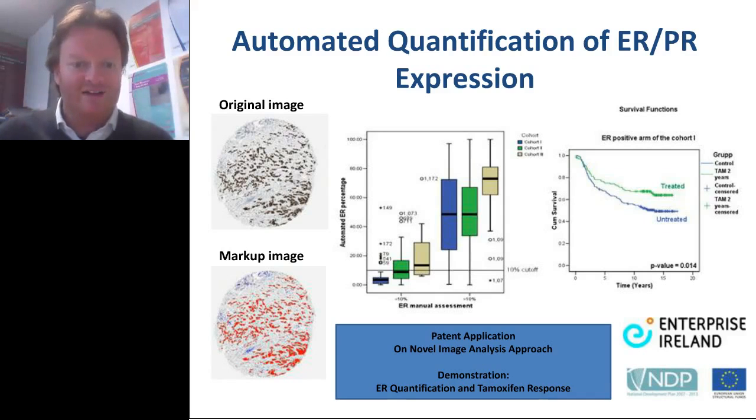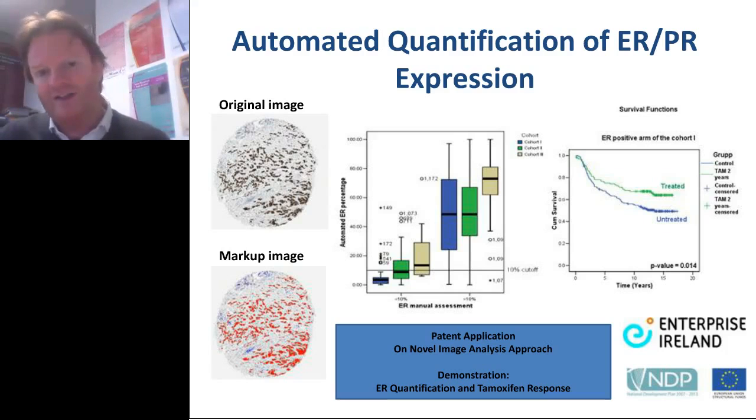And you can see on the slide what our original immunohistochemical staining image was like, and this is how the algorithm marks up that image. And then when we measure the levels of staining based on this, we can use that to help to define a threshold for ER positivity.